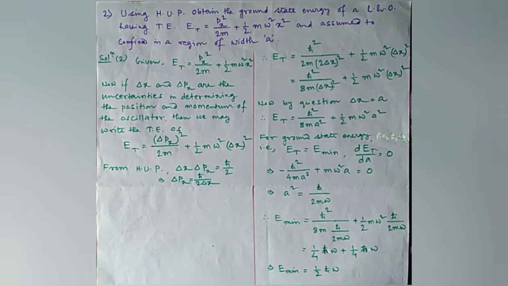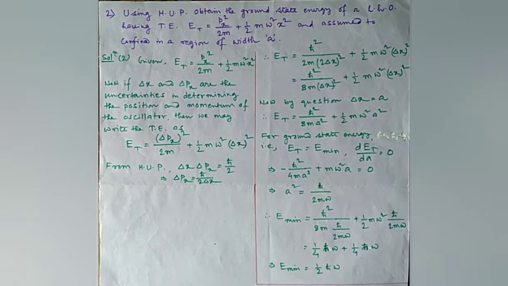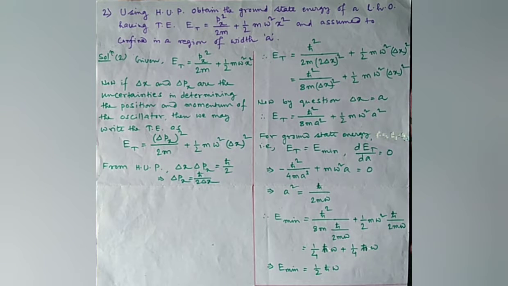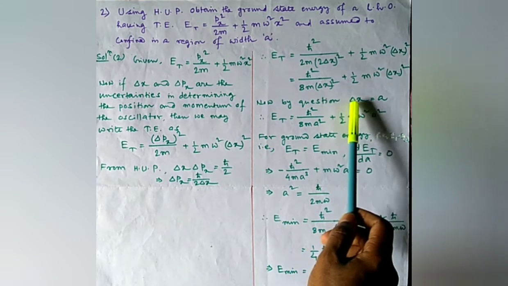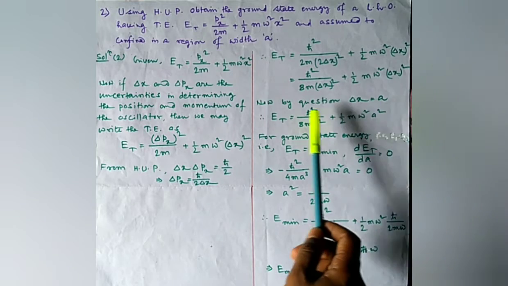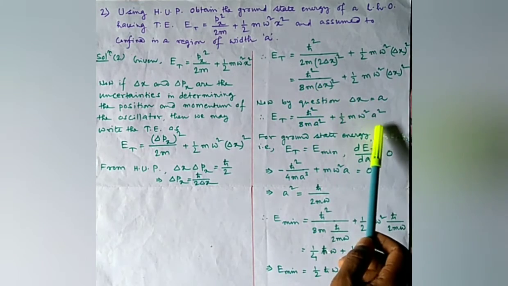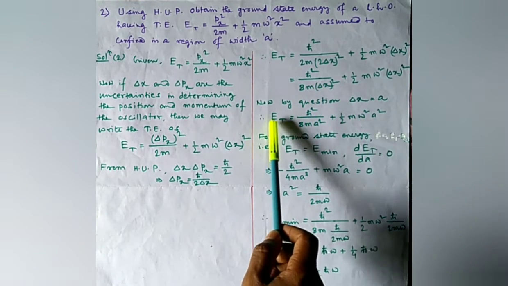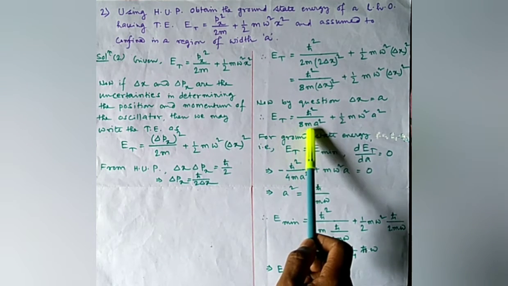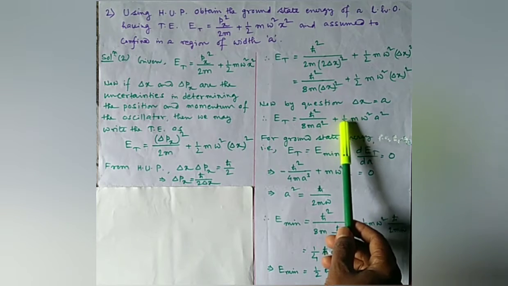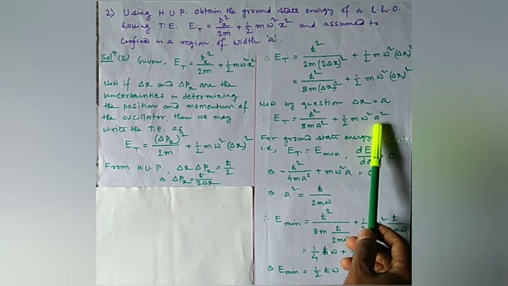As by the question, the oscillator is confined in a region of width a, so the uncertainty in position measurement along the x-axis is a. So delta x equals a. Now we replace delta x by a and we get Et equals h bar square by 8m a square plus half m omega square a square.